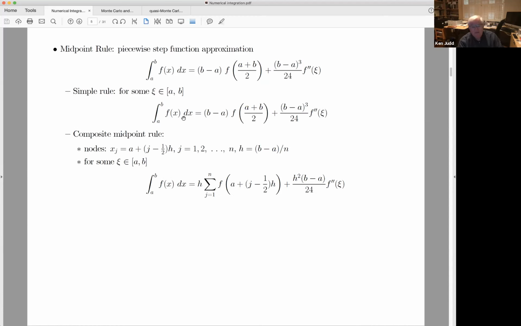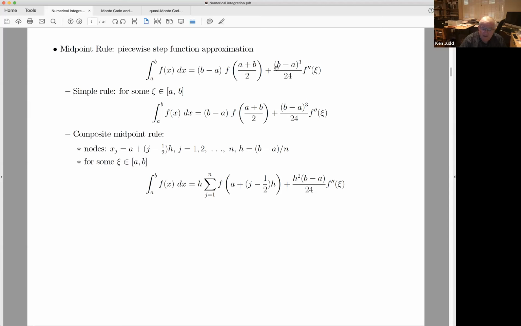And then that generates these rules. You have the midpoint rule. The midpoint rule says that the integral of f of x over an interval is going to be approximated by the width of the interval multiplied by the height at the midpoint. And this is now a theorem: here's the approximation and then here's the error.